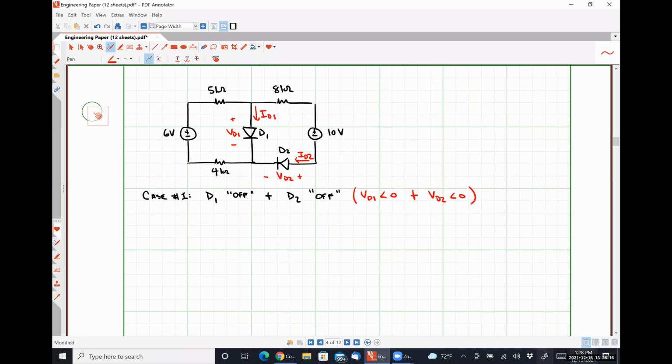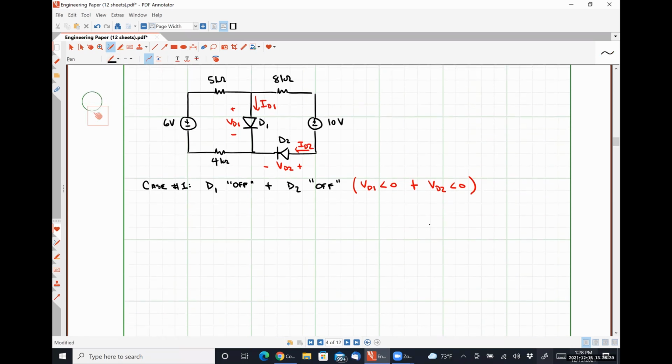But as you gain more experience looking at these circuits, you'll be able to intuit which ones should be on and should be off, so that you won't have to go through all 4 permutations, or heaven forbid 8 permutations if I give you a 3 diode circuit every single time. So I'm going to redraw my circuit with both diodes off, meaning that I am replacing them with open circuits.